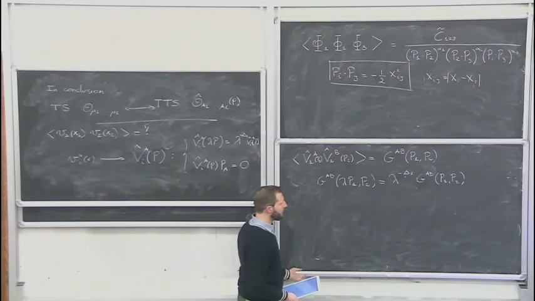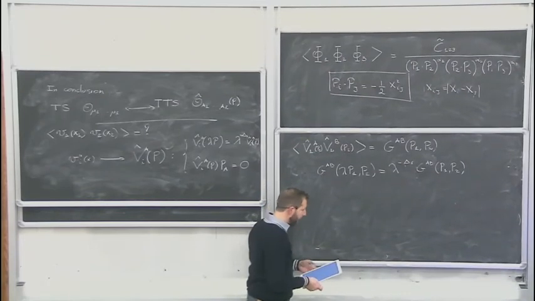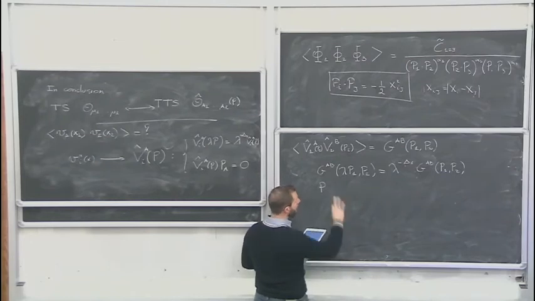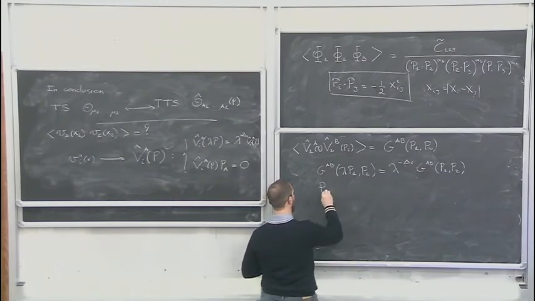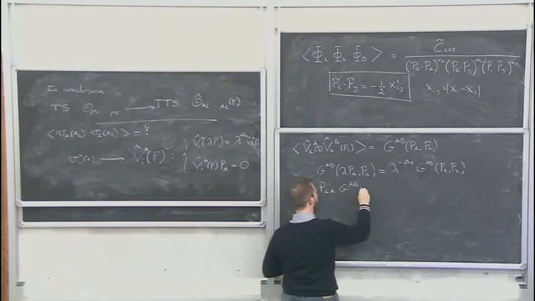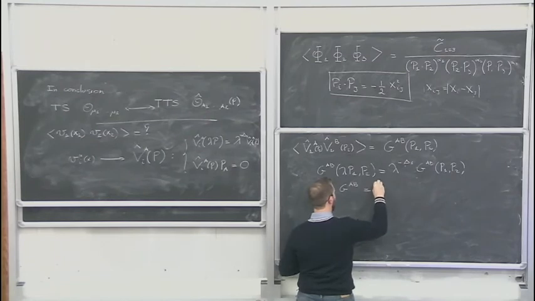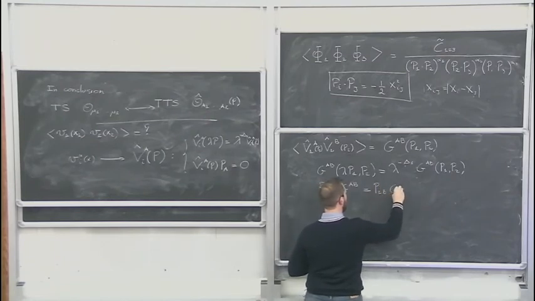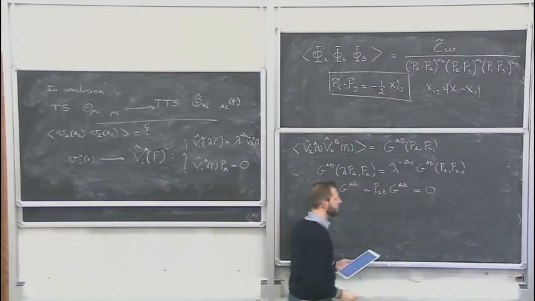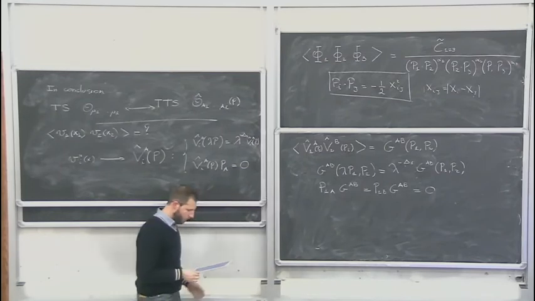I'm not going to write it. And then it has to be transverse with respect to both coordinates, so p1^A G_AB has to be equal to p2^B G_AB equal to 0.